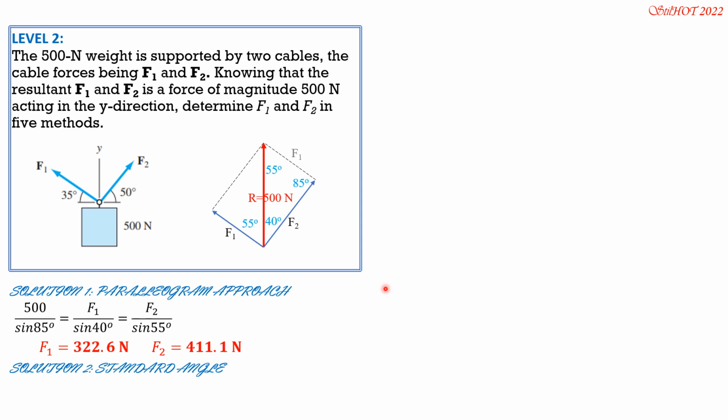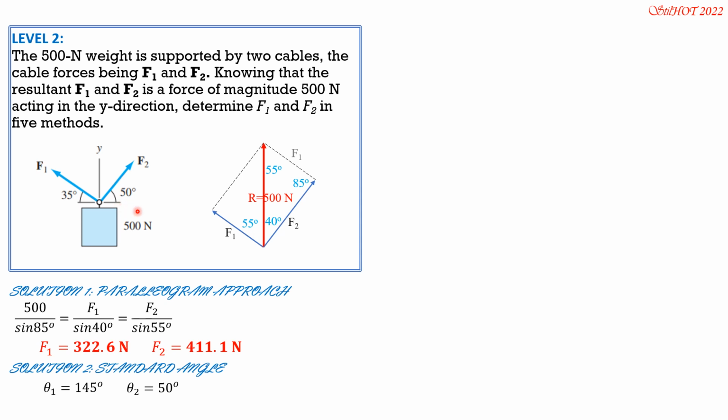Solution 2, by standard angle. The standard angle of F1 is measured from the positive x-axis, 180 minus 35, 145 degrees. Theta 1 is 145 degrees, while theta 2 is 50 degrees.